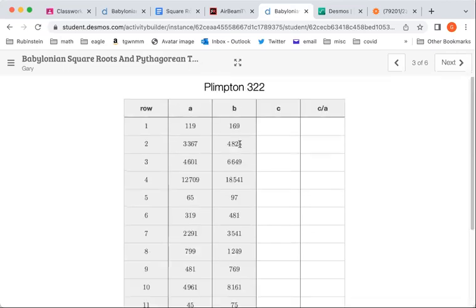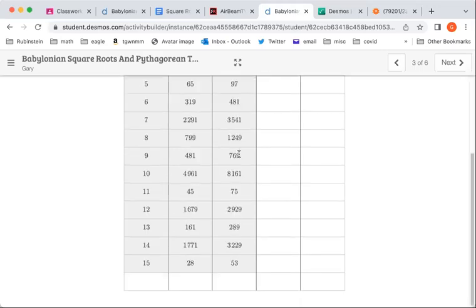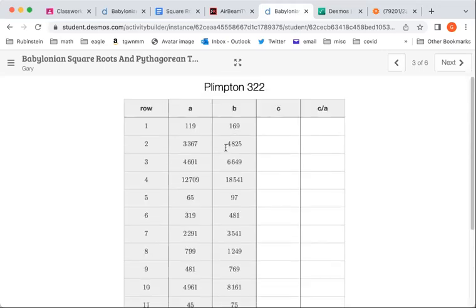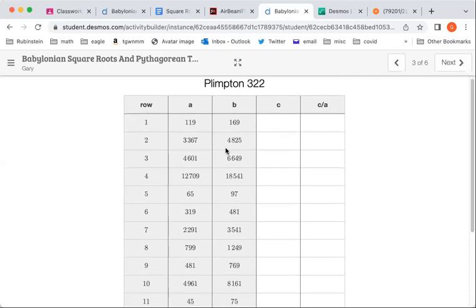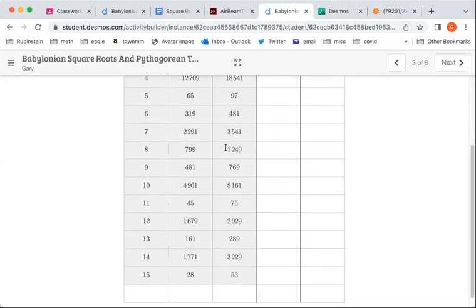They seem to be in a random order. But what they realized, and maybe they realized it by seeing 45 and 75, is that there's a 3, 4, 5 right triangle. And 45 is 3 times 15. And 75 is 5 times 15.